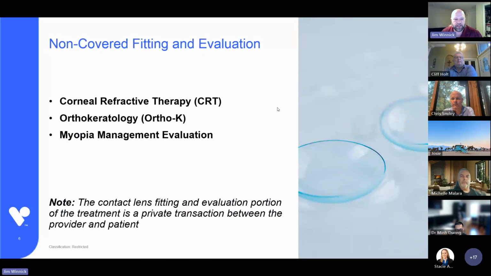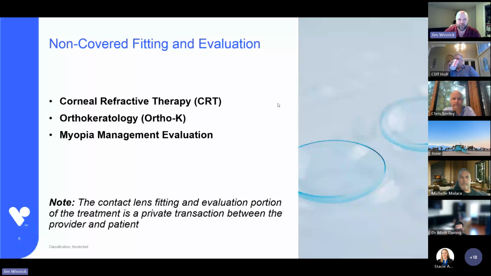As I mentioned, CRT, ortho-K, and myopia management are not eligible professional fitting and evaluation services under VSP contact lens plans. Now, that's a separate treatment and private transaction between you and the patient.